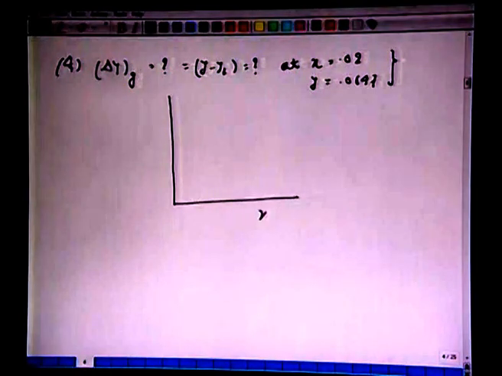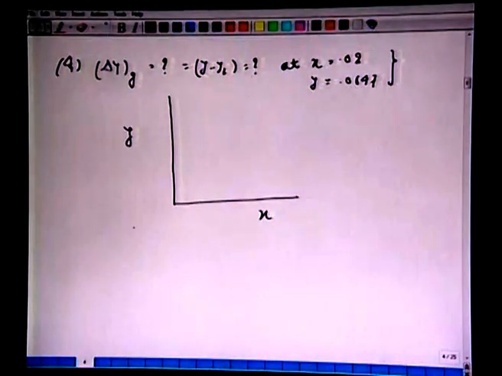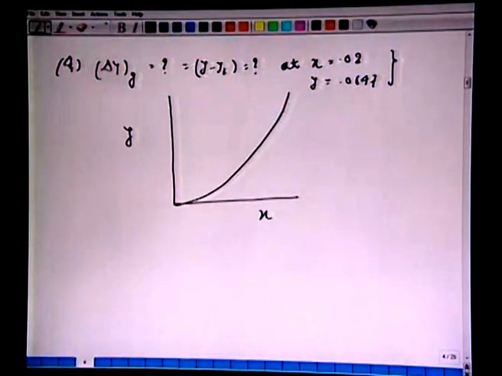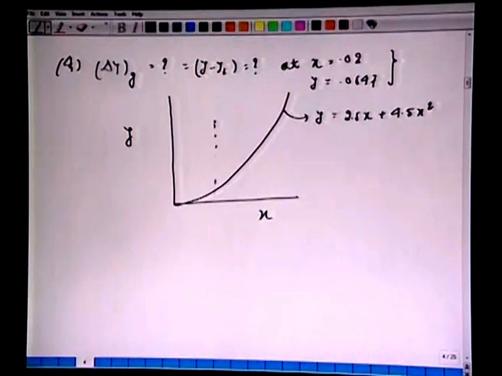If you want to do it graphically, it is a good idea to draw it. We have this curve of y equals 2.5x plus 4.5x square. So, we draw this curve, and the location where the bulk phase concentration is given as 0.02 and 0.0647. So, this is the coordinate of x and y.